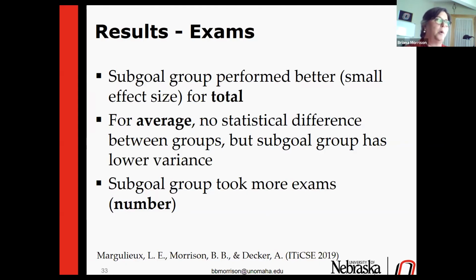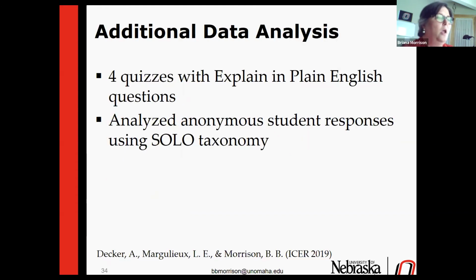In other words, they performed more similar than the other. The subgoal group did take more exams than the non-subgoal group, which is going to lead to another finding in a second, right?